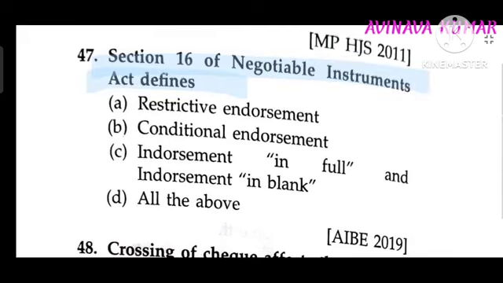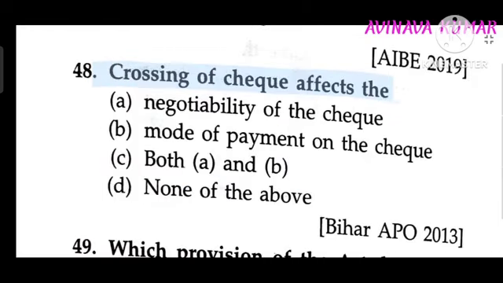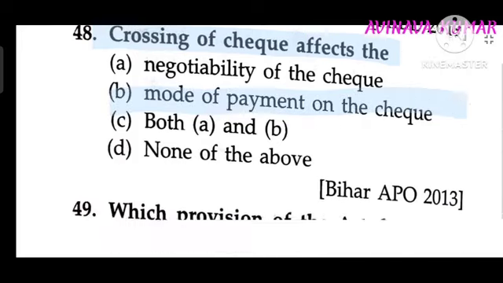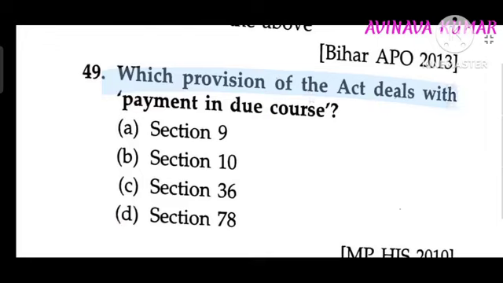Section 16 of the NI Act defines endorsement in full and endorsement in blank. Crossing of a cheque affects the mode of payment of the cheque. Which provision of the Act deals with payment in due course?